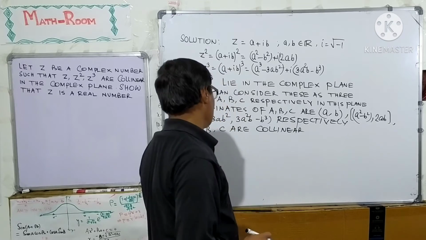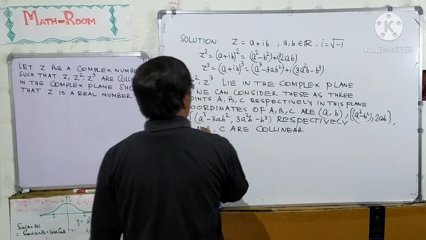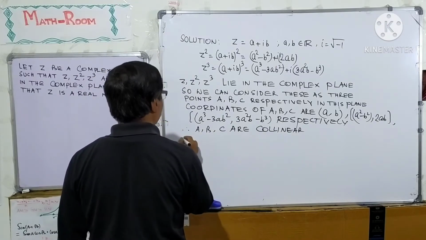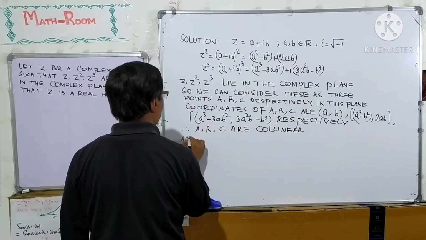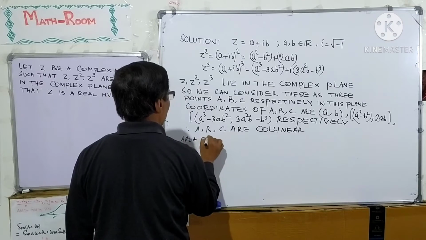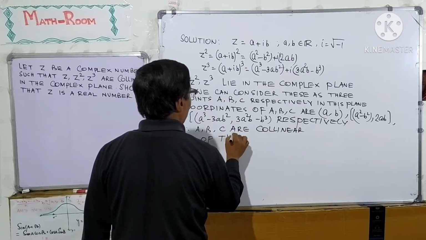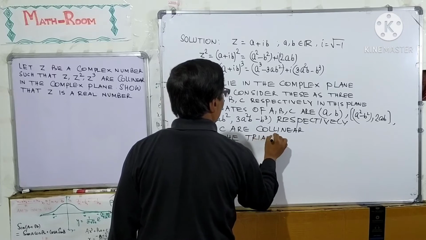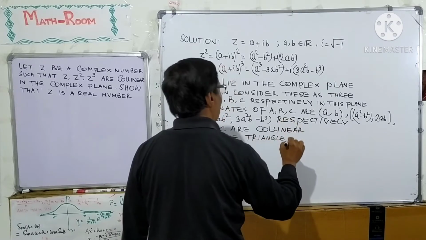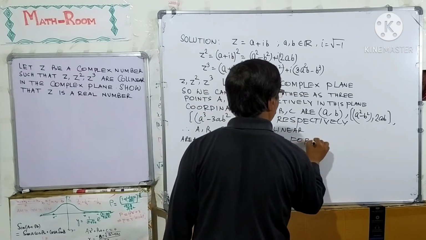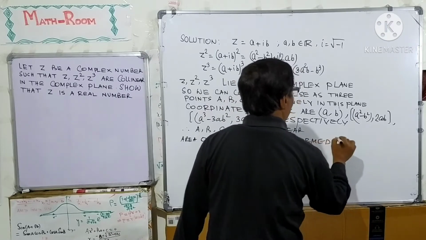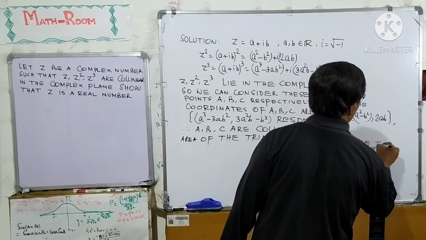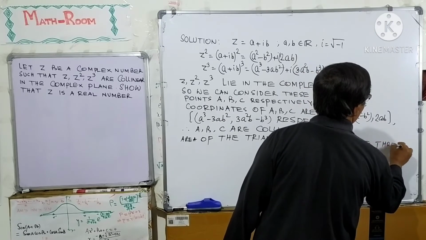So this is the condition: the area of the triangle formed by the 3 points A, B and C.